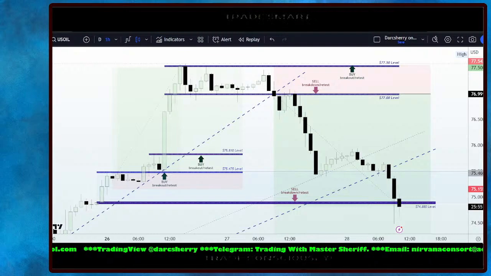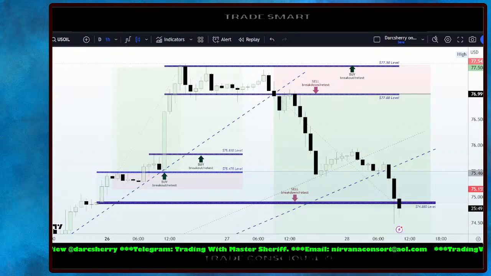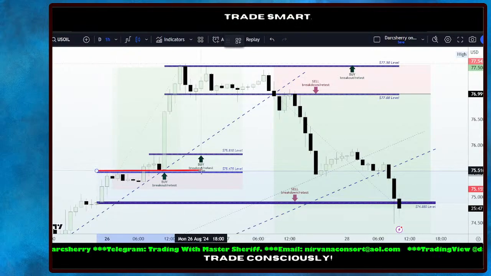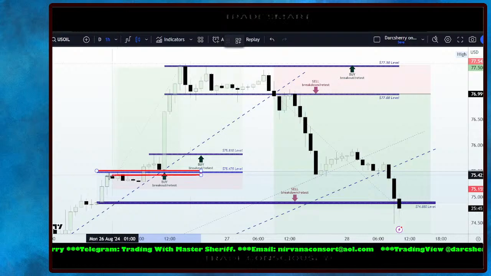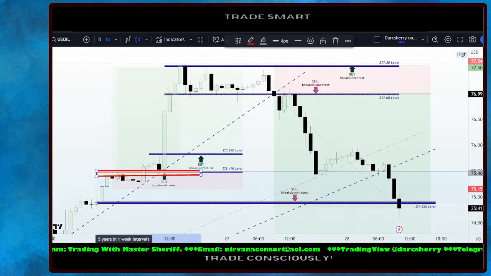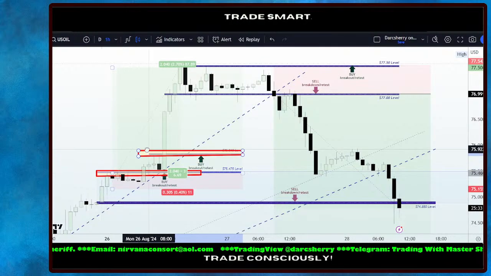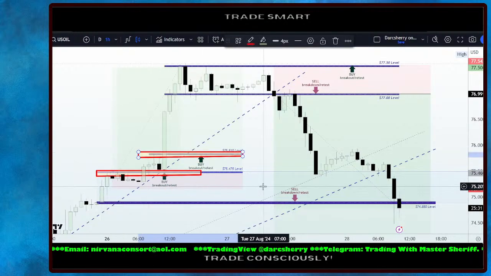And if you remember vividly, I did mention at the beginning of the week that those of us who missed out on the breakout of this resistance line should wait patiently for price action to come back and retest the structure to continue the uptrend move. And if that doesn't happen, I mentioned that we will position ourselves above the $75.81 area to join the uptrend continuation.